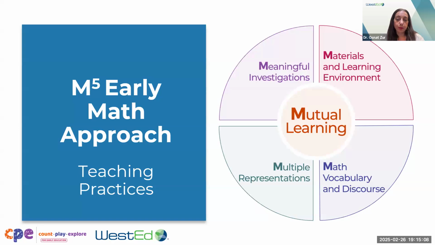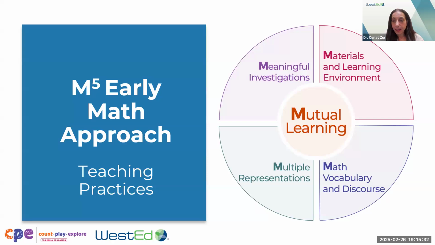It is called M to the 5th because it includes 5 teaching practices to support young children's early math learning. Mutual learning is in the center. Meaningful investigations, materials and learning environment, multiple representation, and math vocabulary and discourse.